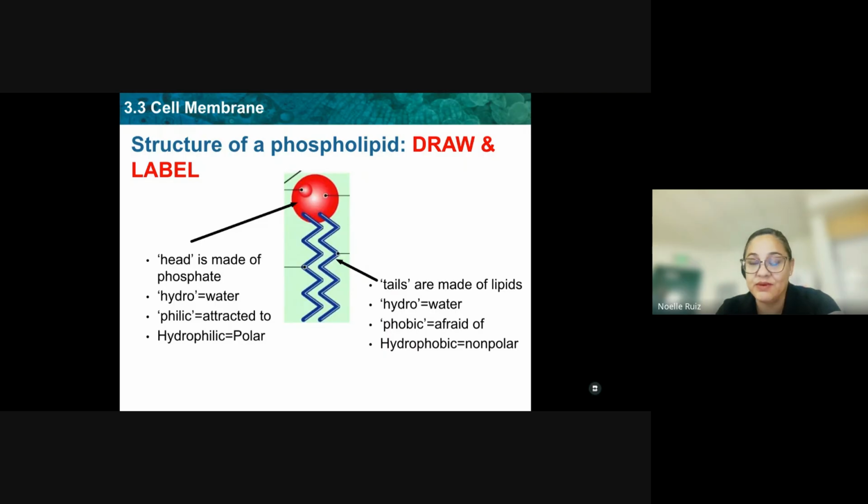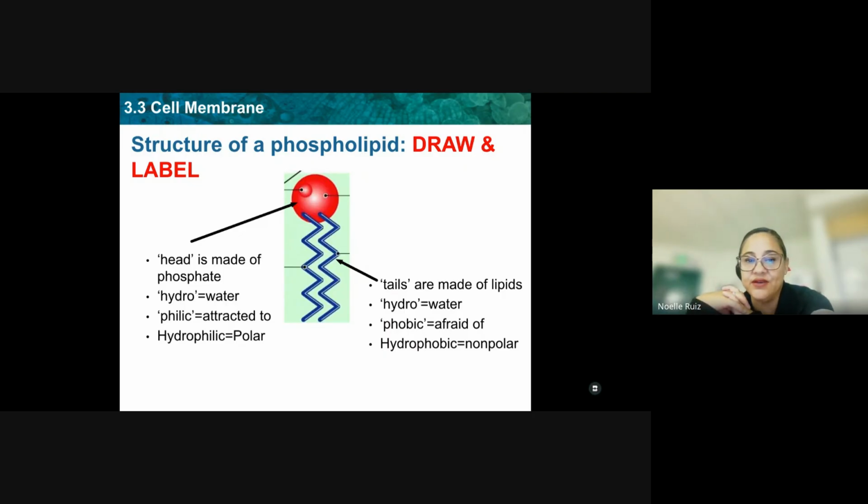And then we also talked about water being a polar molecule. It has that positive and negative charge. And polar molecules attract other polar molecules. So hydrophilic and polar go together.